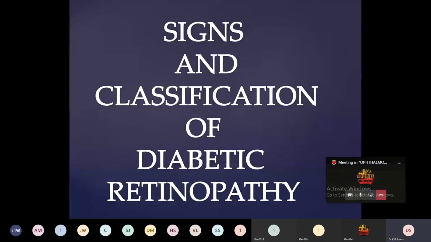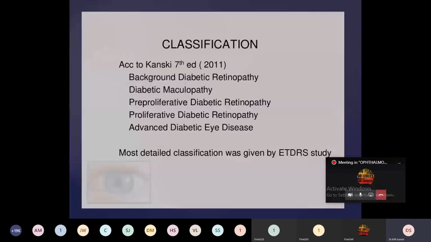Signs and the classification of diabetic retinopathy go hand in hand. When you want to know the signs of diabetic retinopathy, which you have almost studied in the pathogenesis itself, you have to know various types of classification. The simplest classification is this: background diabetic retinopathy with a few microaneurysms.